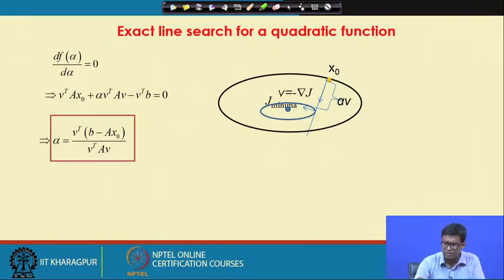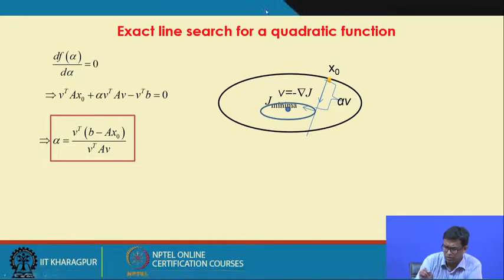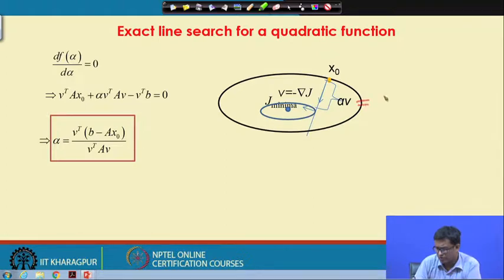I will start with one particular value x0 and go along alpha v, which is alpha into minus grad J evaluated at x0.